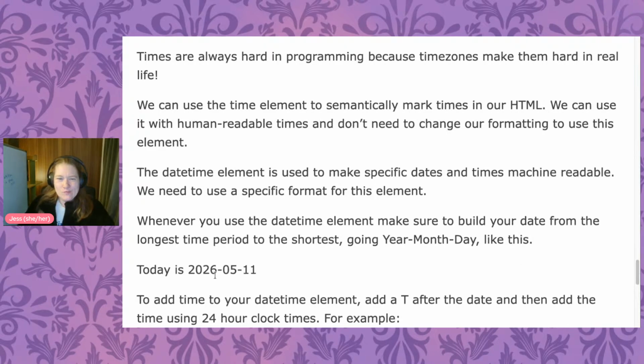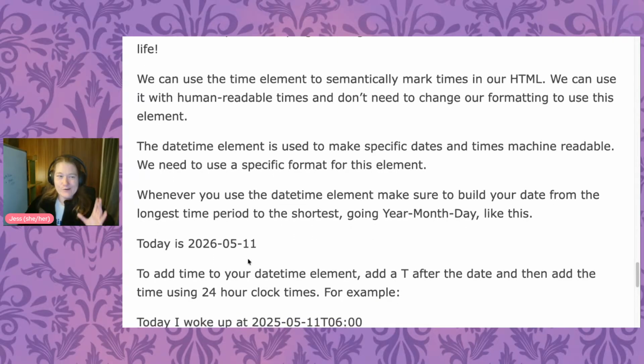So the ISO standard for dates and time always starts at the biggest unit and goes to the smallest unit. I like to picture it as building a pyramid of dates and time. So we're going to start at the year. Today is 2026. We've got a dash. It is May. So we've gone from the year, the biggest unit, to the month, the next smallest unit. And then on top of that, we're going to set the date, the 11th.